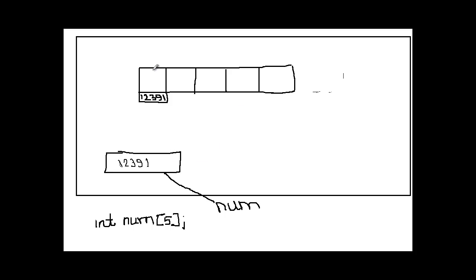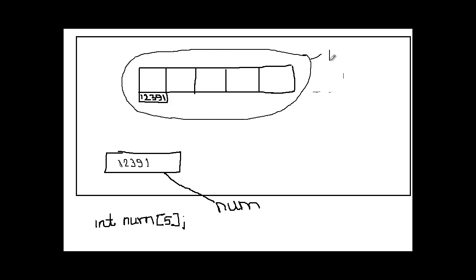That is why this whole memory block is referred to as num, and because the variable num has the address of this location, it can reach any of the memory locations from this address.